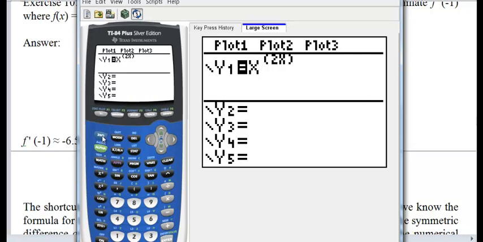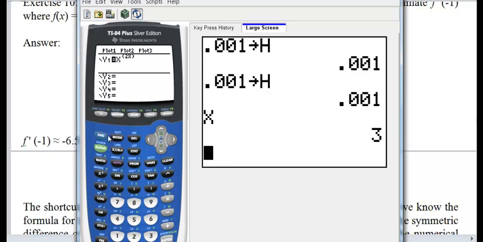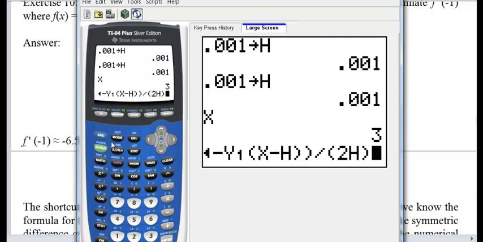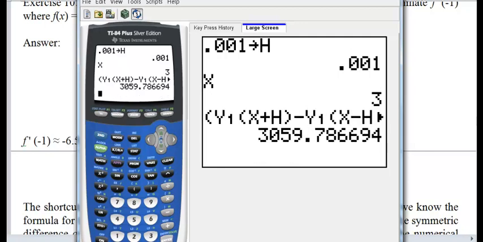So f of x is x to the power 2x, and we're going to do f prime at 3. Let's keep going backwards. There's our formula for the symmetric difference quotient, and this is what we get.